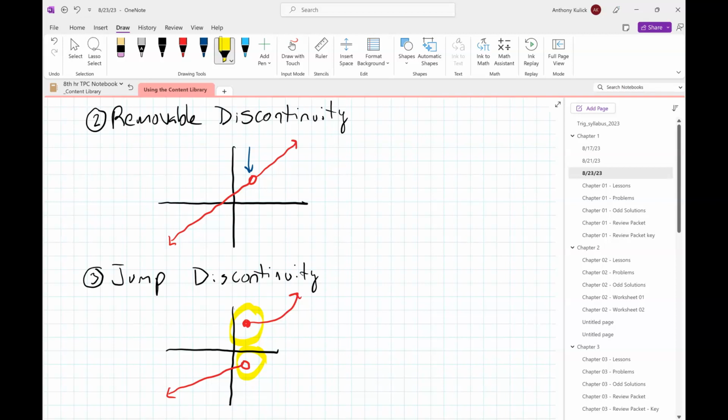Could both of those circles be closed? No, good. Why not? The line would connect. Well, it doesn't have to. If I filled in that circle there and the line doesn't connect, that's still bad. But why would that be bad?